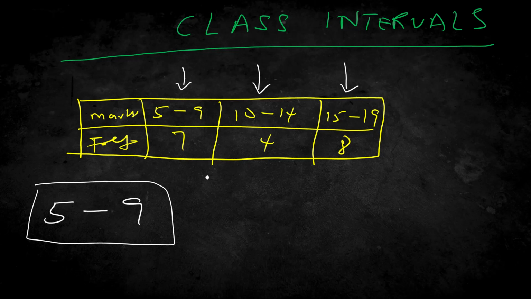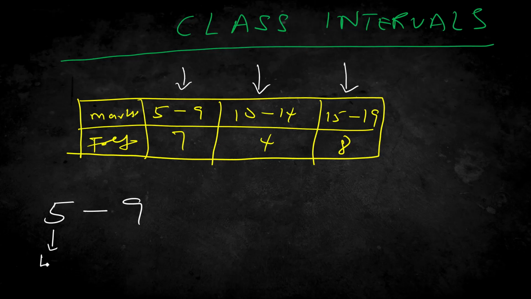And we have the end values of the class intervals called the limits. So we have the limits. This one and another one here, we call them the limits. Remember the first one: the smaller number here is called the lower limit.